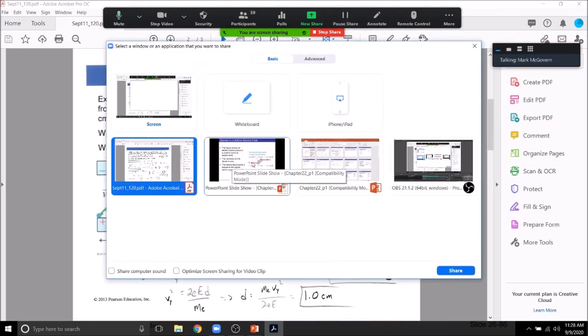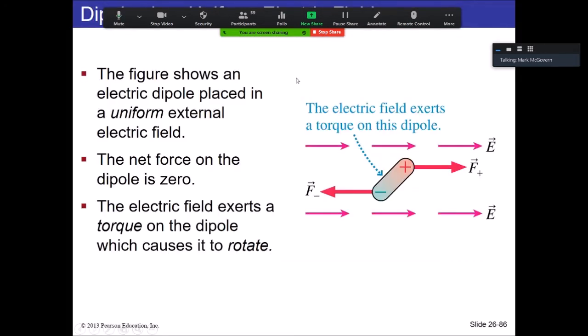Let's move on to dipoles. Topic number 2, dipoles. In a uniform electric field, what's going to happen to a dipole? Well, there's no translational motion, because the two charges in the dipole are going to experience the exact same force, but in opposite directions.